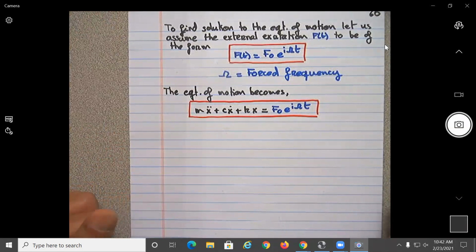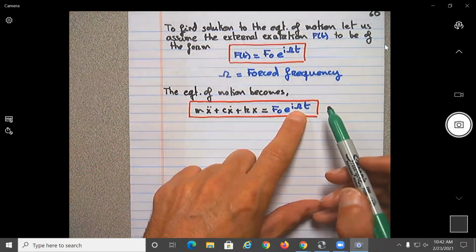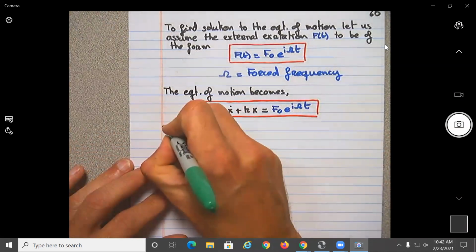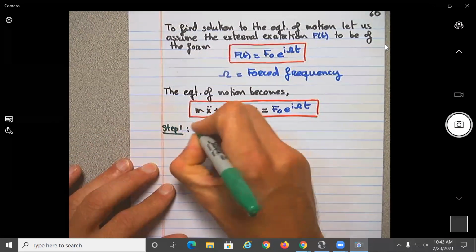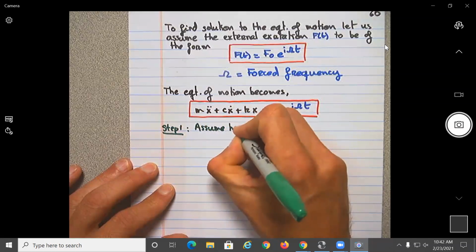Okay, we still have time. So what did we just say? Steps in order to solve the differential equation, we assume the solution, no? In this case, the easiest form would be to assume the solution to be in function of the force frequency, not the natural frequency. So step one, assume harmonic solution, same as before.